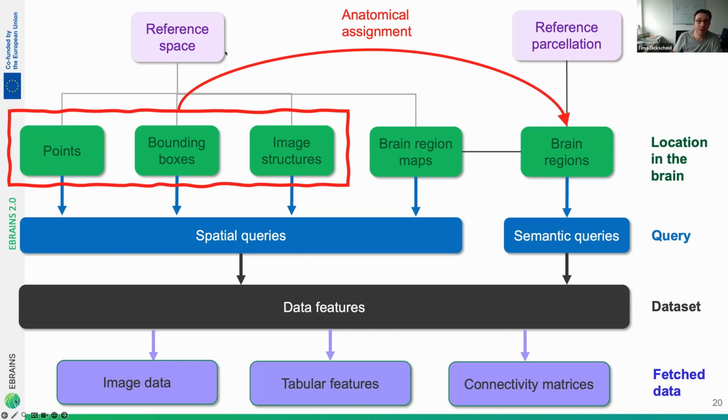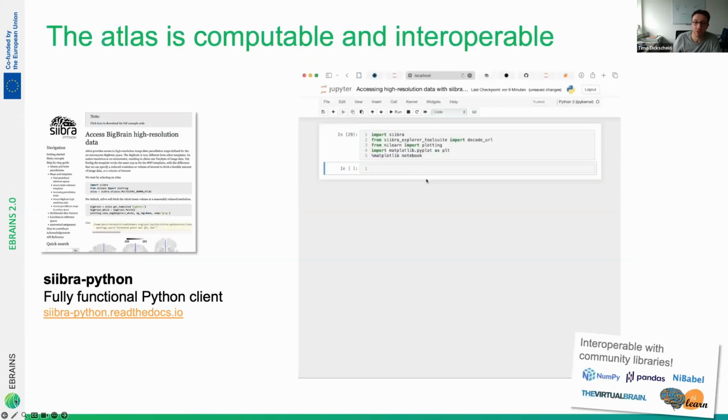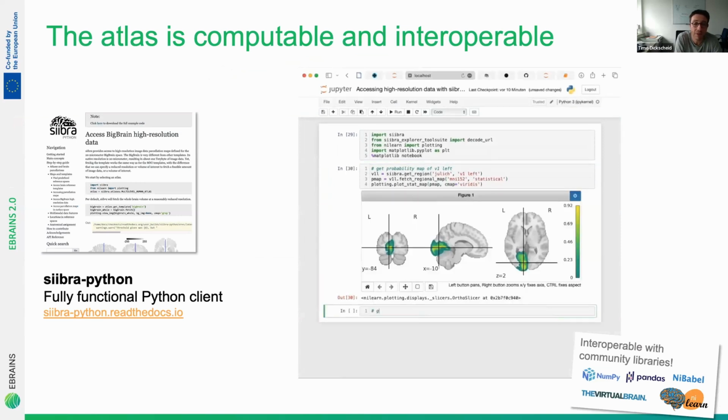So you basically go from a specification of a location down to a complex query of multimodal descriptions of these locations. We have seen that this can be done in the viewer, but tomorrow we will have a closer look at the Siibra Python library, which allows to do this really in terms of programming.